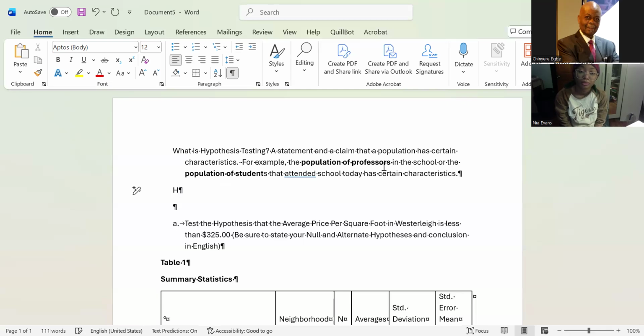And so we state what we call a null hypothesis, and we state that null hypothesis as H0.